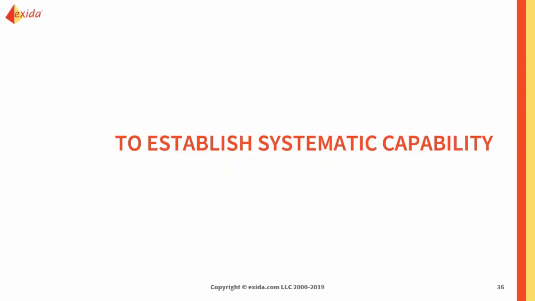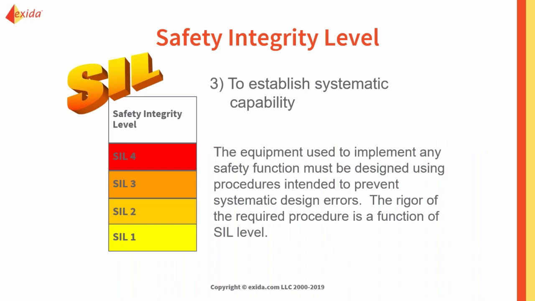And then it's also used to establish the systematic capability for the SIF. So as we talked about before, the systematic capability is for each individual device that goes into your SIF. So you're going to have a systematic capability for your sensors, your logic solvers, your valves, your actuators, your solenoids, and everything in between. Your systematic capability is going to be the lowest or the weakest link in your SIF.